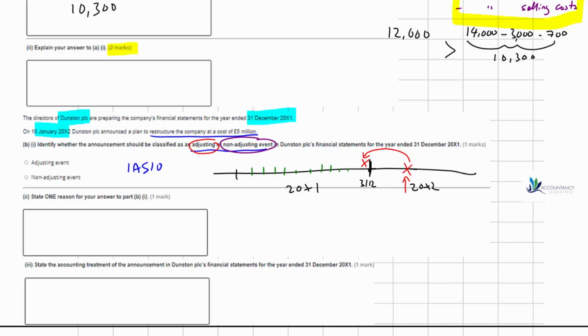In the first part of the question, we were talking about inventories, weren't we? And we identified that inventory should be valued at the lower of cost and net realisable value. So let's suppose that we bought some inventory in the last week of December, but the invoice doesn't arrive until after the end of the year.